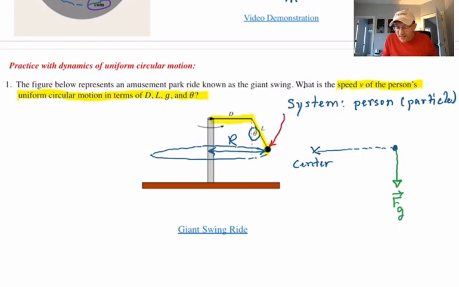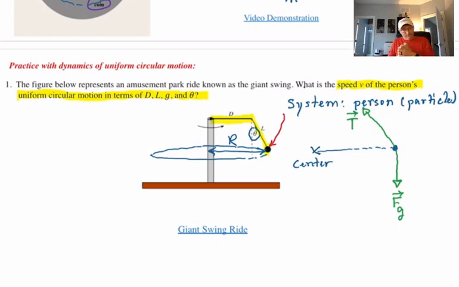So the tension force from the cable has to be pulling up and to the left, in other words, along the direction of the cable itself. And then we'll label it T arrow. That's it in terms of forces. Yes, I'm ignoring air resistance drag force in this case. That's all I'm talking about.